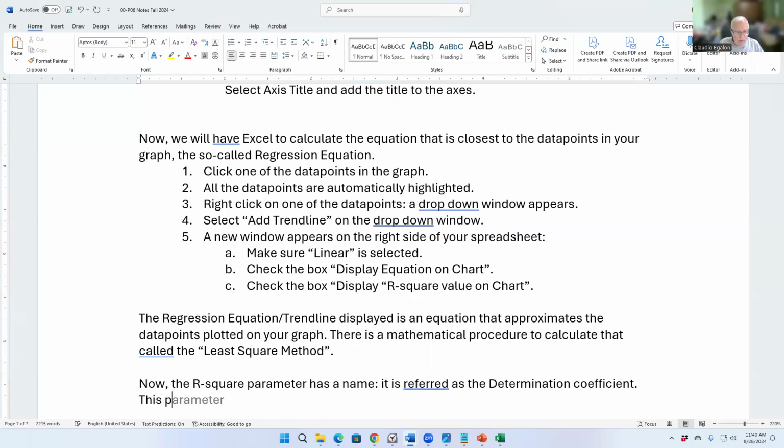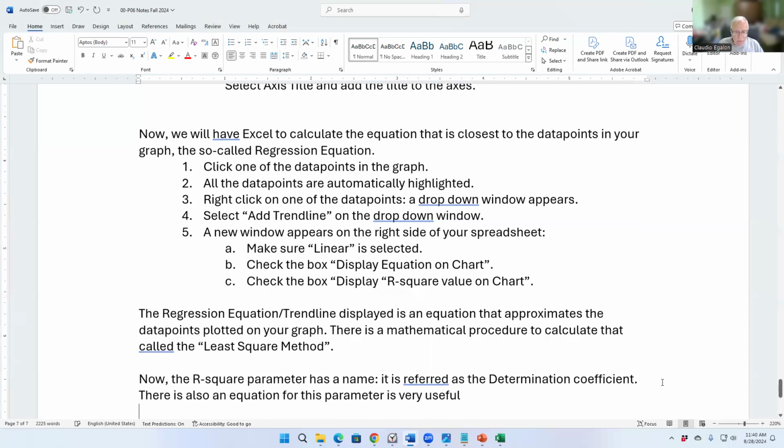This parameter is very useful. Again, there is also an equation for this parameter, which is a very useful one.